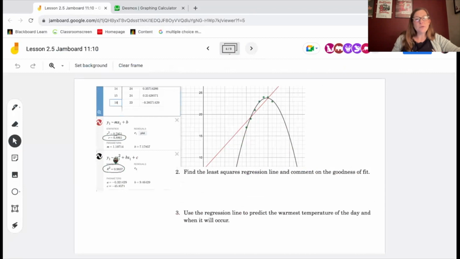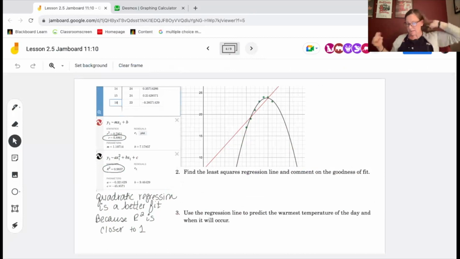When I compare the two, notice that big R squared is closer to 1. So a quadratic fit is much more reasonable. So I'm going to say that the quadratic regression is a better fit because R squared is closer to 1.